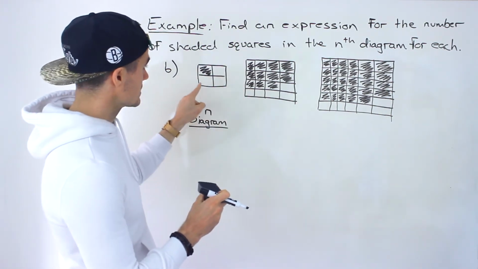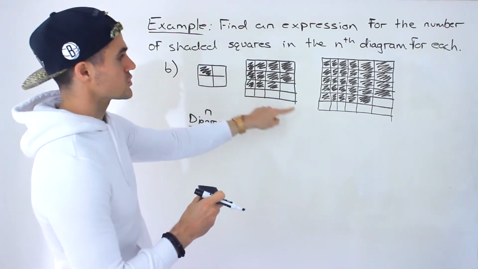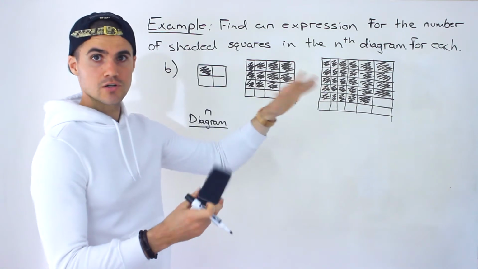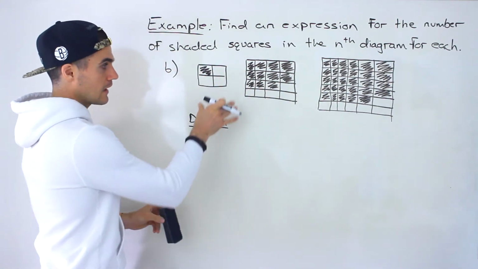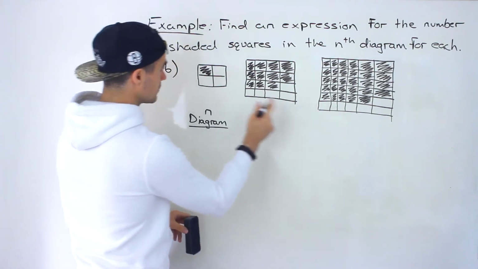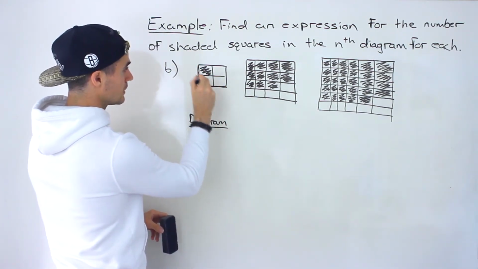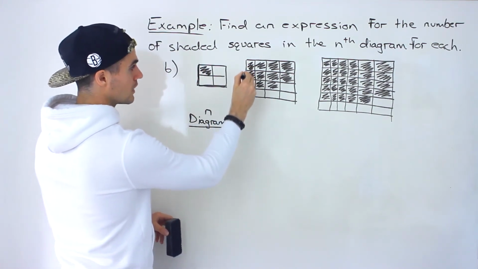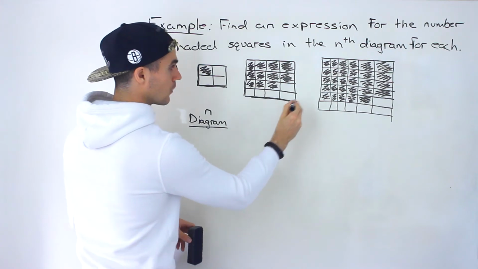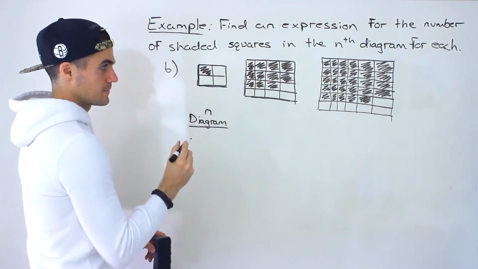In this case, as in part A, we're dealing with squares, because the length and the width are the same: 2 by 2 here, 4 by 4 here, and 6 by 6 here.